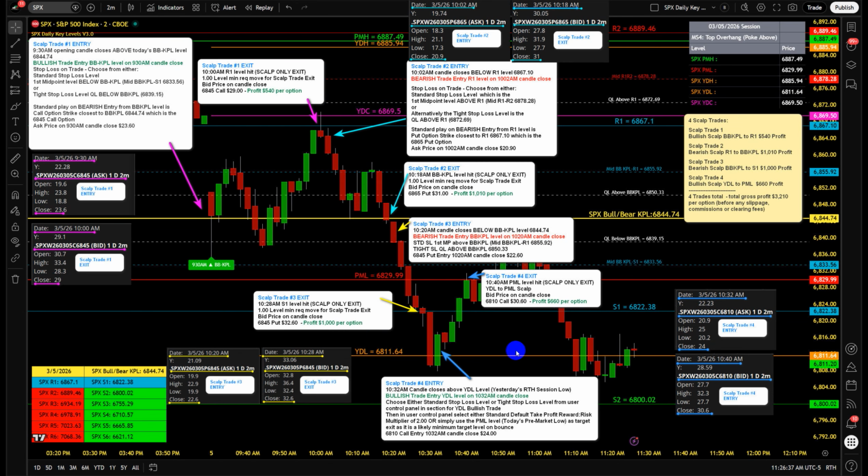So how you would do that is you look at what are the levels between where is my target and then what is a main level in between the target and the entry. So in this case, we have the S1 68.22.38. So that would be your out of the money alternative, the 68.20 call.